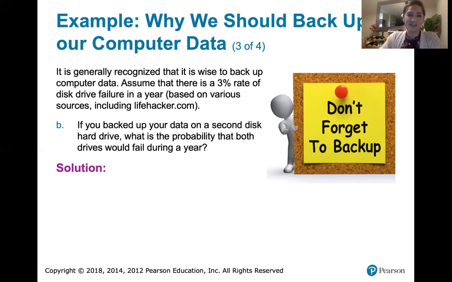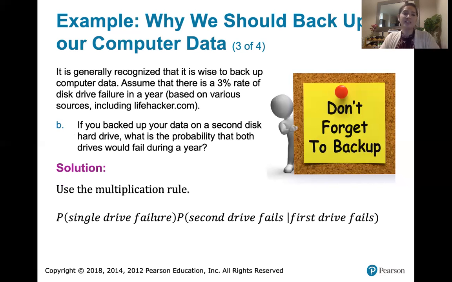Now the question says, what if you decide to back up? Everyone says you should back up. If the second disk could fail at that rate of 3%, and the first disk fails at that rate of 3%, what's the probability that both fail? Well, we've got to use the multiplication rule because you're talking about one failing and then another one failing.